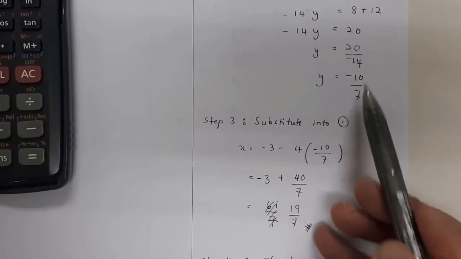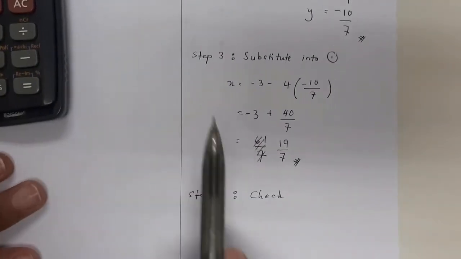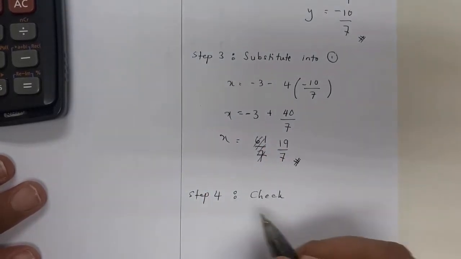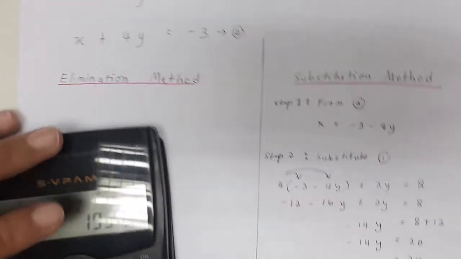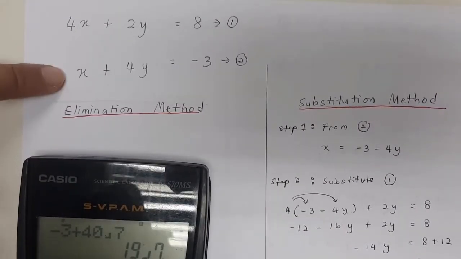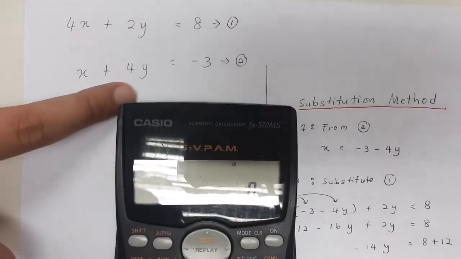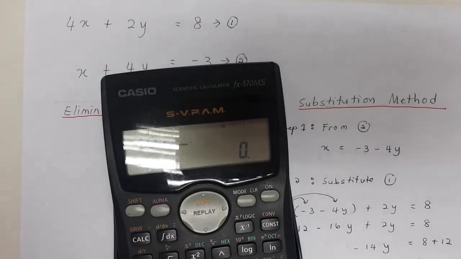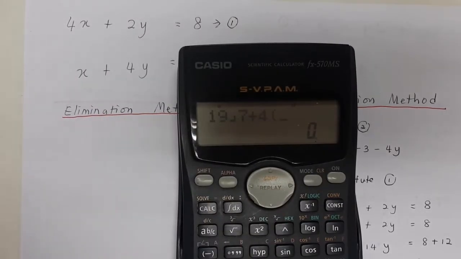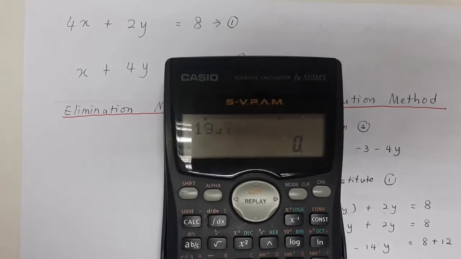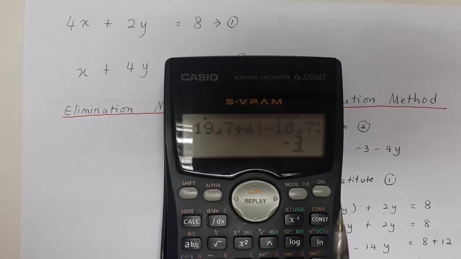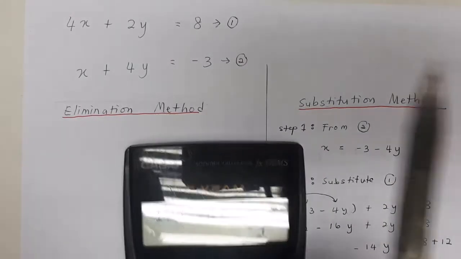Check. Okay. Now we know that y equal negative 10 over 7 and x equal 19 over 7. Finally, to check, substitute into the original equation. So here we have x plus 4y. So x is 19 over 7 plus 4 and y is negative 10 over 7 equal, and the answer is negative 3.